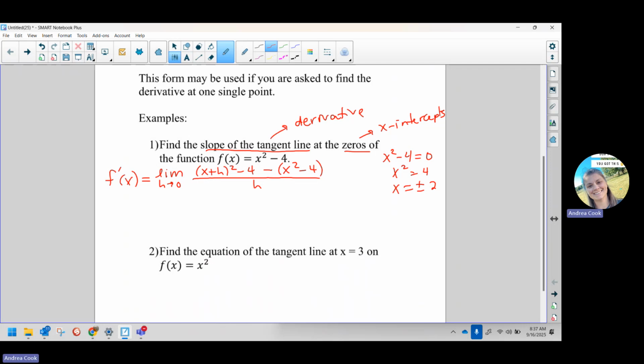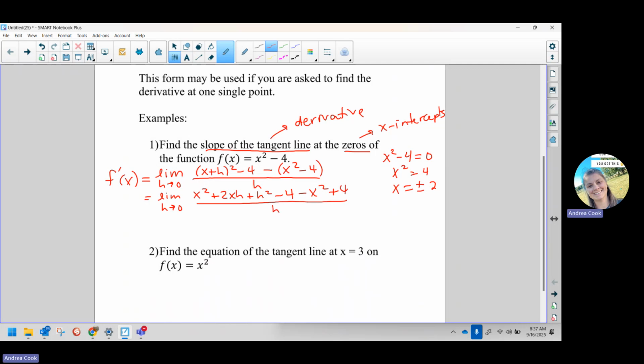And now we have to simplify. So I'm going to multiply that out. That would give me x squared plus 2xh plus h squared minus 4, and now I'm going to distribute the negative, all over h.